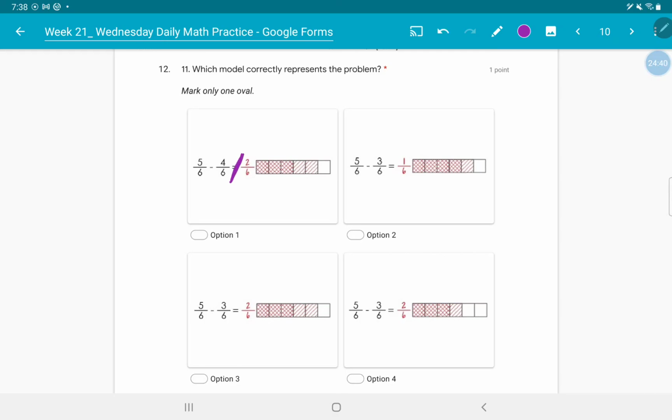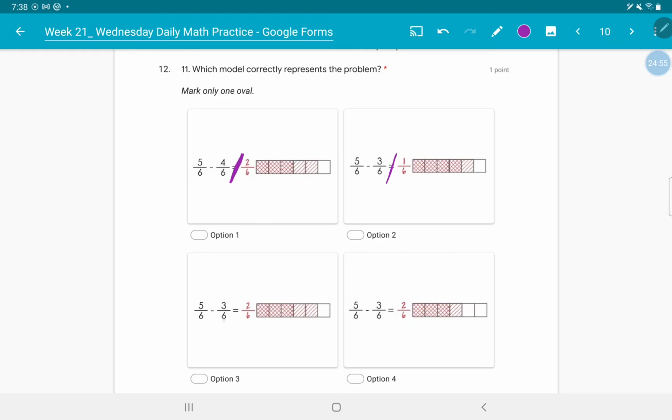And my denominator would be 6. So option 1 is not correct. 5/6 minus 3/6. 5 minus 3 is 2, not 1. So option 2 is incorrect.